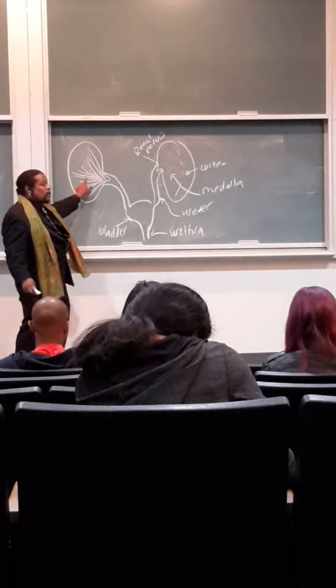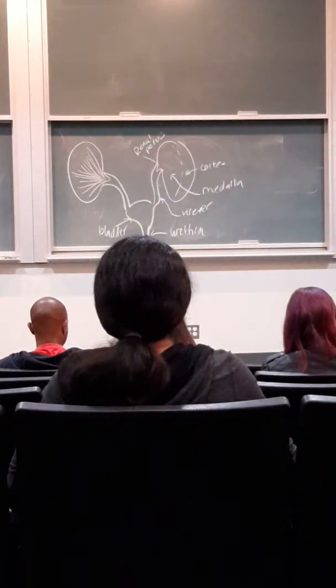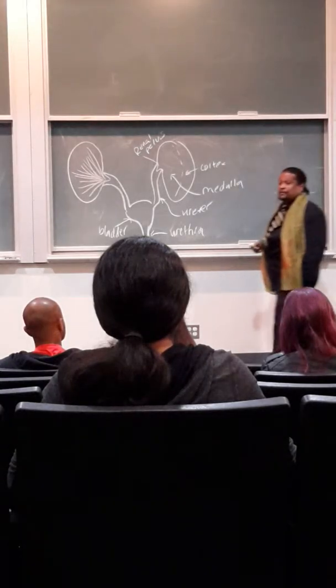But the length of these loops of the nephrons determine how concentrated you can make your urine. So, for example, if you looked at a whale or a desert kangaroo rat, a whale has no problems getting sodium.